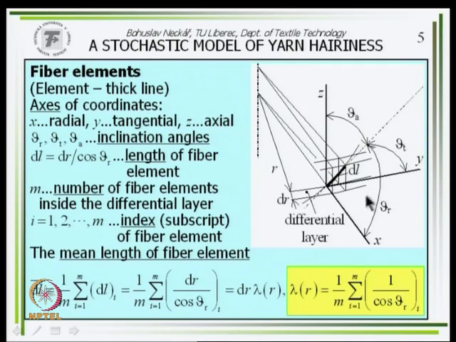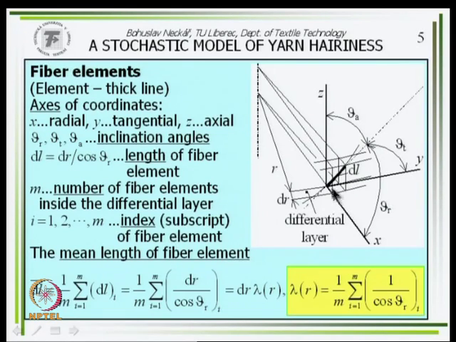Let's imagine one elemental part, one element of fiber in the yarn's sphere, which is on the radius R and is protruding through some elemental layer of thickness dr. This is some fiber element, length dl.